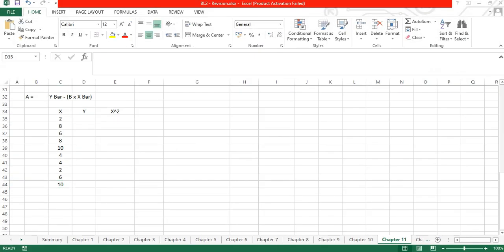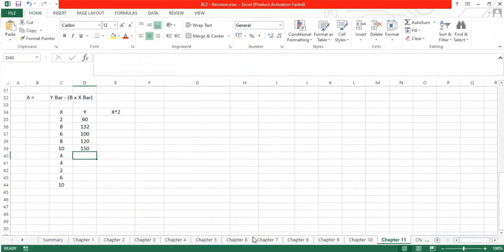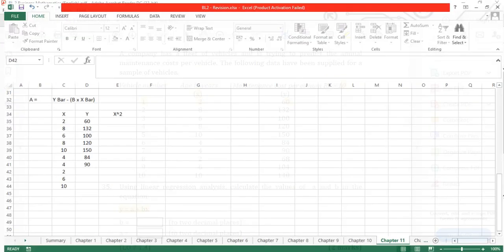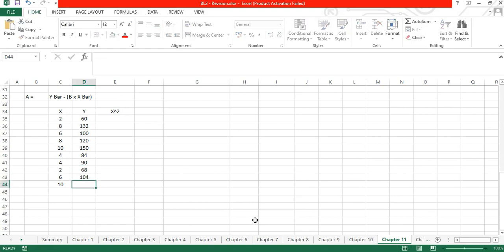And y equals 60, 132, 100, 120, 150, 84, 90, 68, 104, 140.